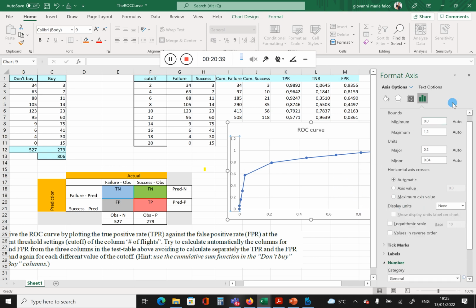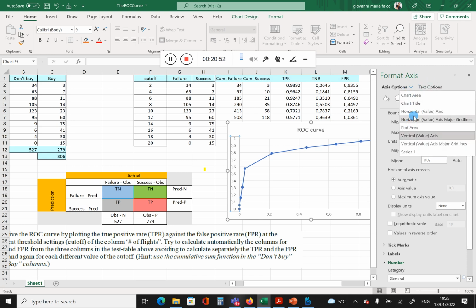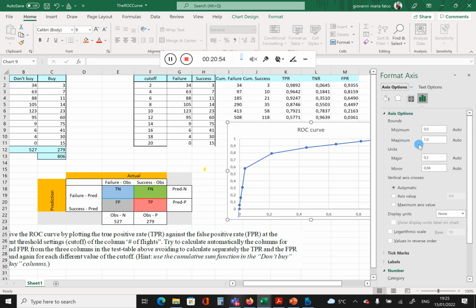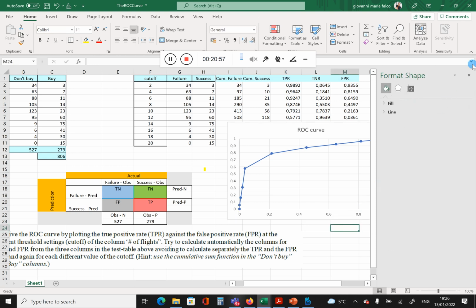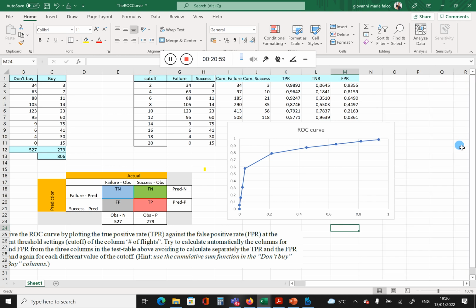Moreover, I know that the ROC curve goes up to 1, so I take 1 as the maximum. For the x-axis this was okay. Now it is better because it is really between 0 and 1 on both the x and y scales. So this is the ROC curve which was asked in question 1.